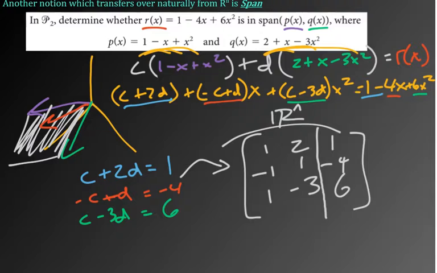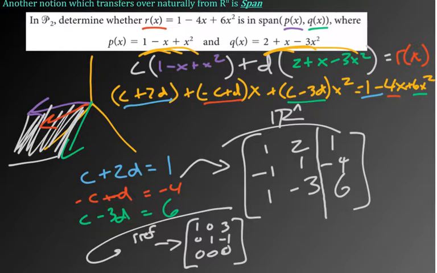And so now you just literally do RREF, and you get this. And from that, you can see that C equals 3 and D equals negative 1. I'm not going to go through it all because it takes a bit of time, but if you plug in those C and D's up here and distribute, I guarantee you will get R of x.